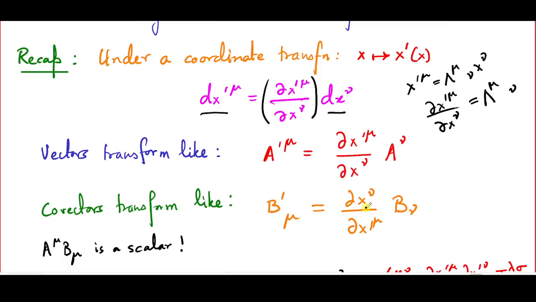Now, an immediate consequence of this kind of transformation rule is that if you form a upper mu b lower mu, a contraction, something that we are going to look at in some detail soon, between a vector and a covector, the resulting thing actually turns out to be a scalar.